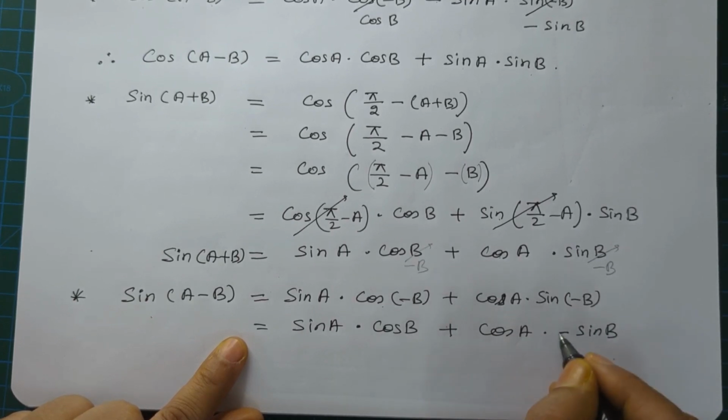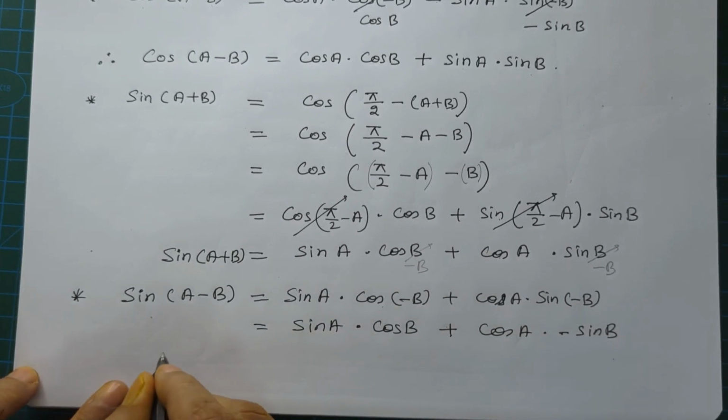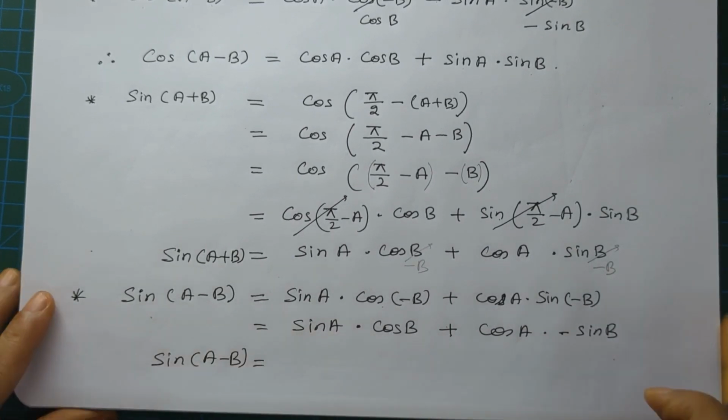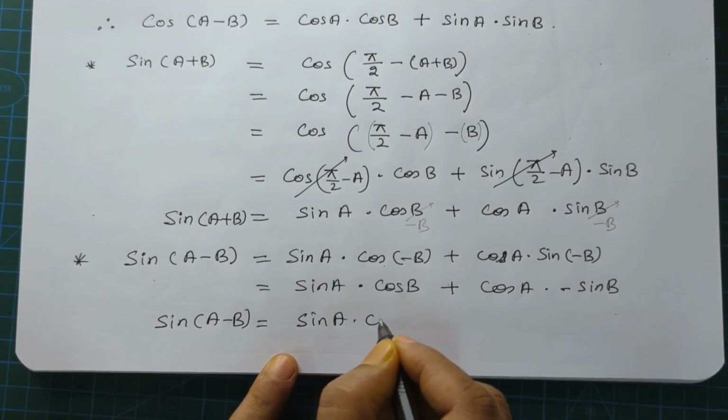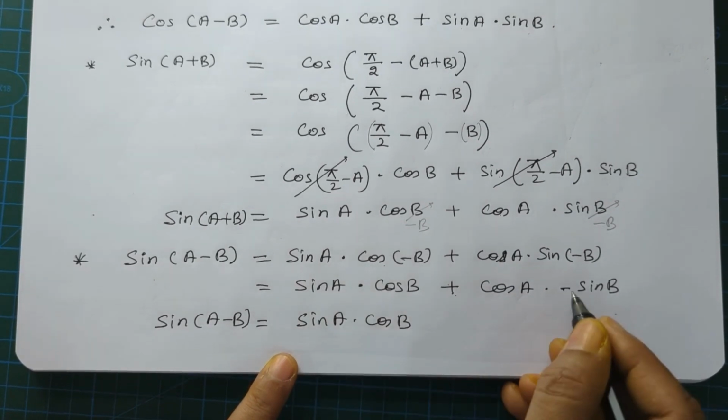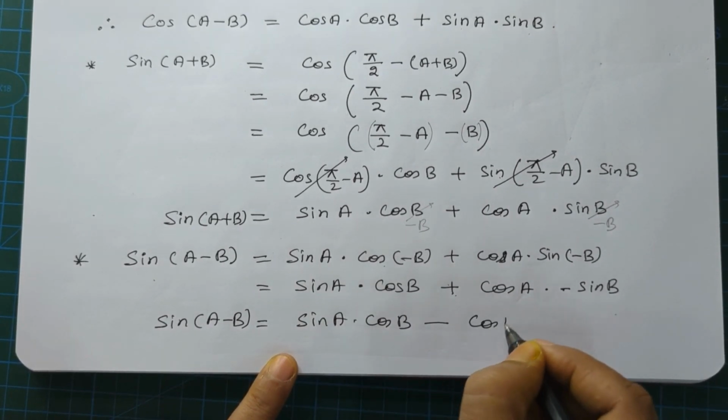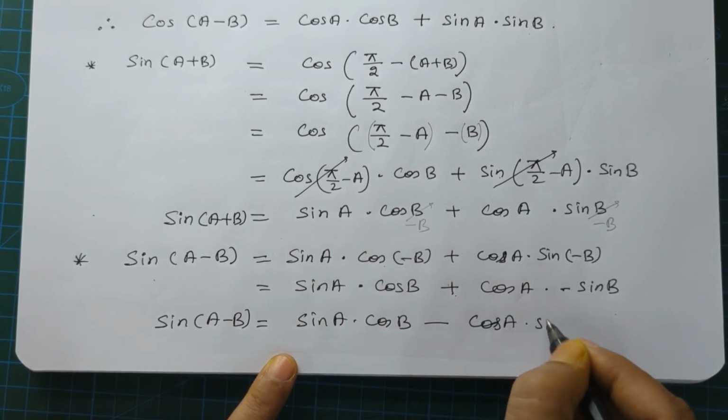So positive of negative is negative. So ultimately we get the formula for sin(A − B). Sin(A − B) is sin A cos B, plus of minus is minus cos A sin B.